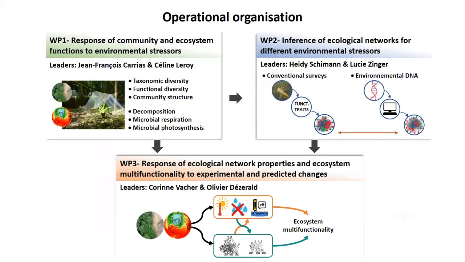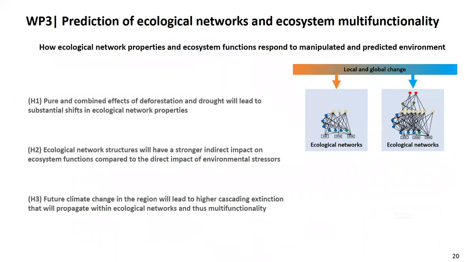So this work package 3 is led by Corinne Vacher and Olivier Deserald. And we want to characterize how ecological network properties and ecosystem function will respond to both manipulated and predicted environmental changes. So here we hypothesize that the pure and combined effect of deforestation and drought will lead to a substantial shift in ecological network properties.